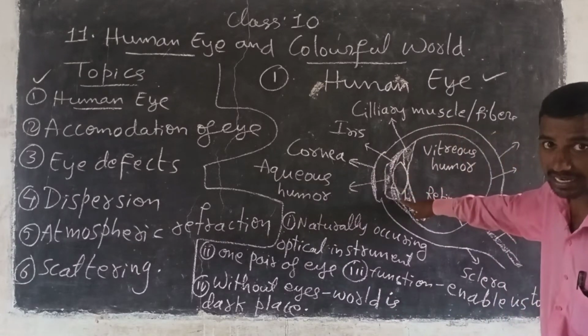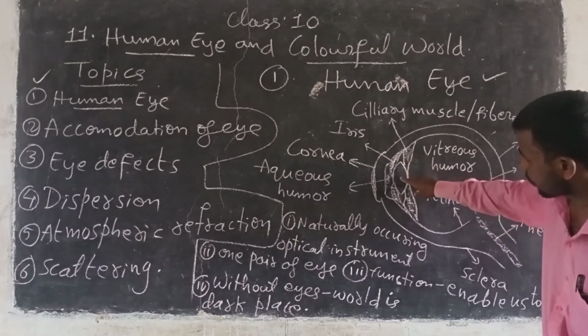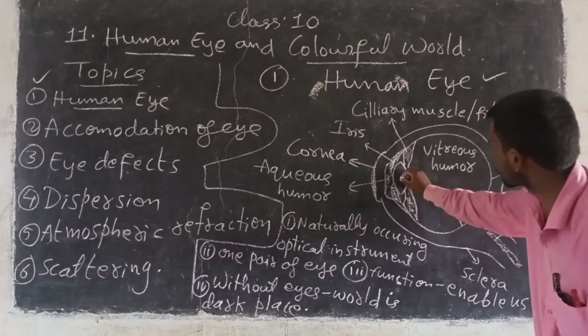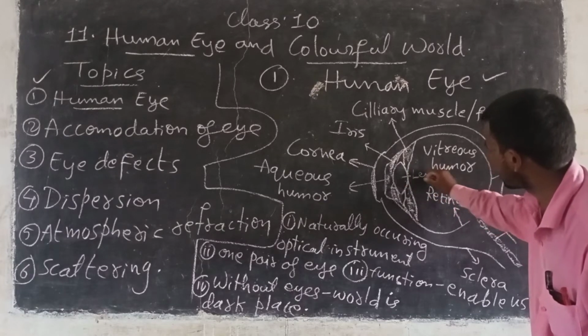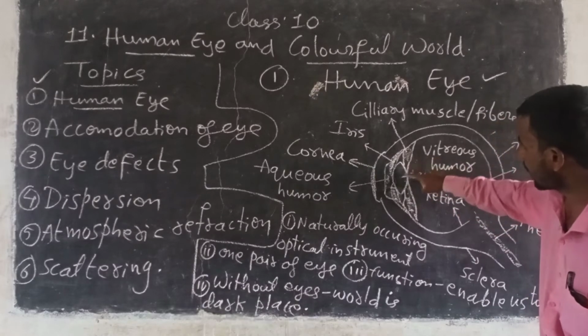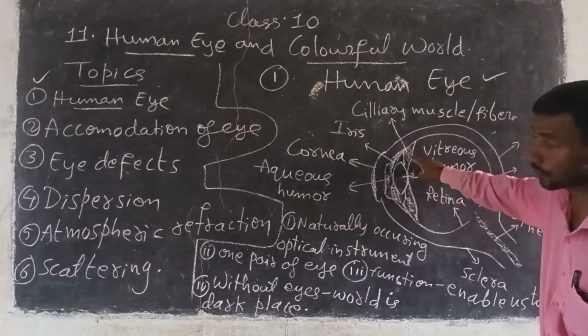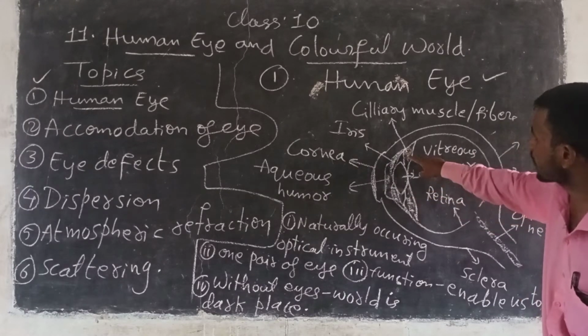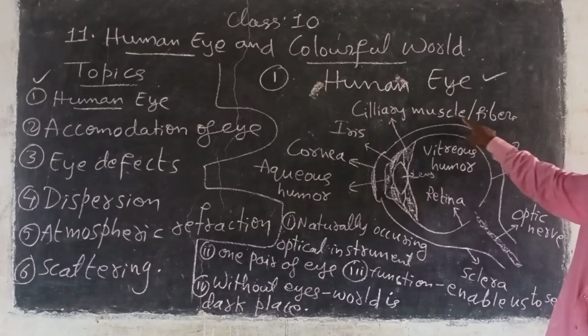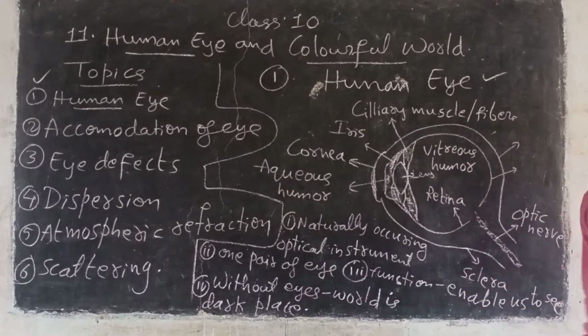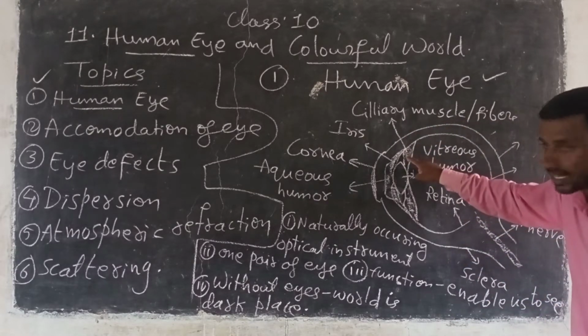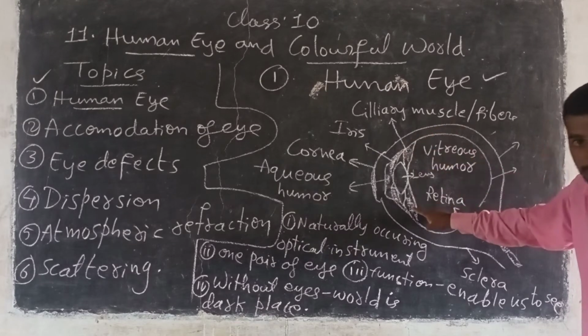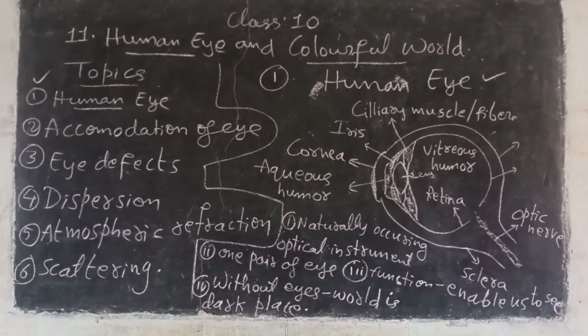Iris and eyelids. This is eyelids. And up and down, again two parts are there. This part name is ciliary muscle, also called ciliary fiber. This is ciliary fiber upper, and this is ciliary fiber down one.